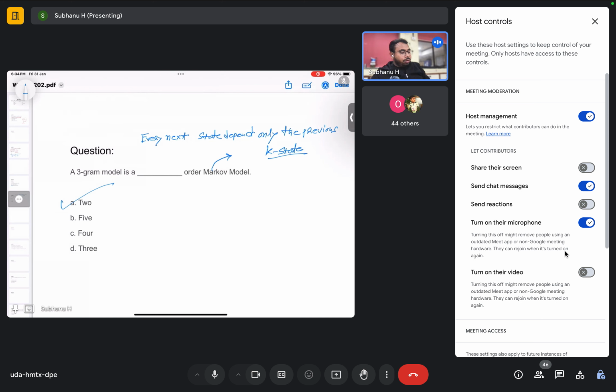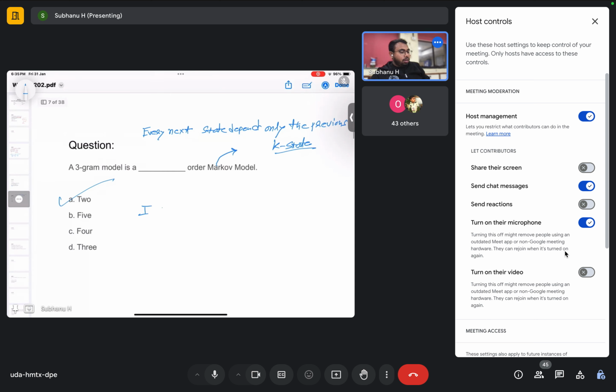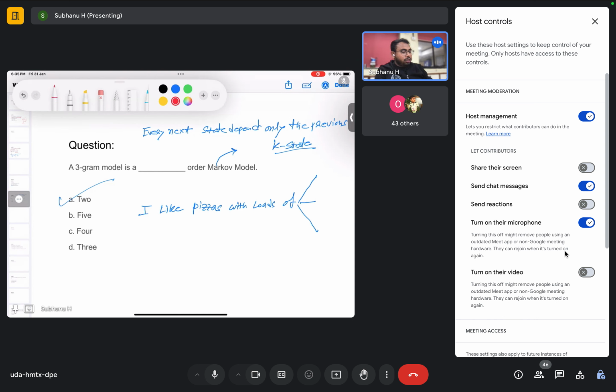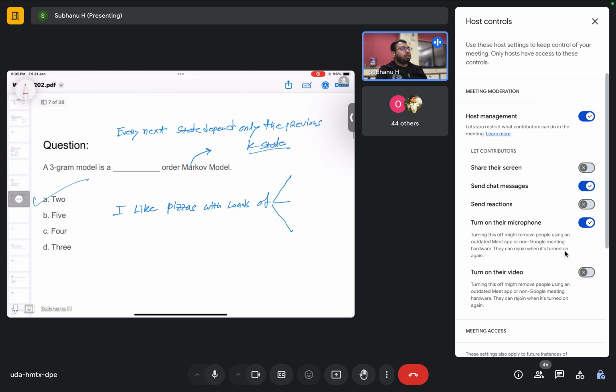Suppose I am saying, what is my previous word? I like pizzas with loads of something. This is my previous word: I like pizza with loads of what?